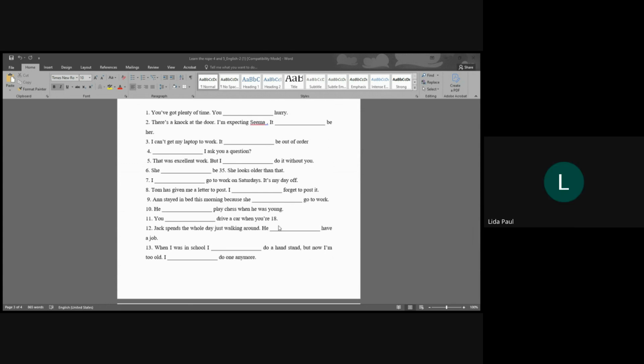Same thing. I can't get my laptop to work. This one again is giving you some kind of certainty, right? You know what is not working. So again, you can make the guess here. You can say it must be out of order. Again, making a guess, right? Your answer is also right. It may be out of order. You can also additionally use the answer it must be out of order.